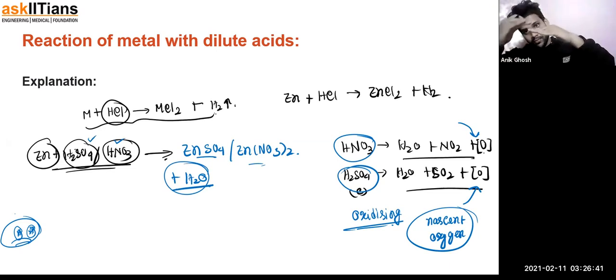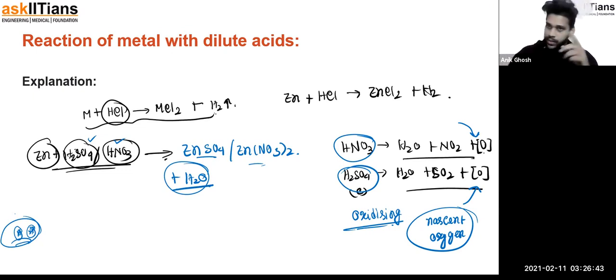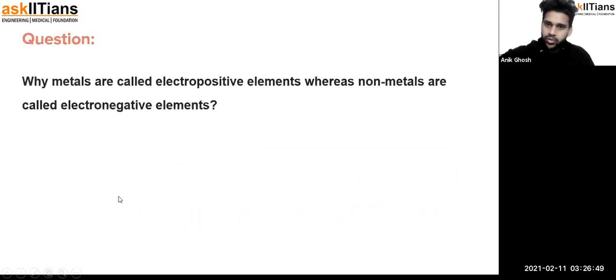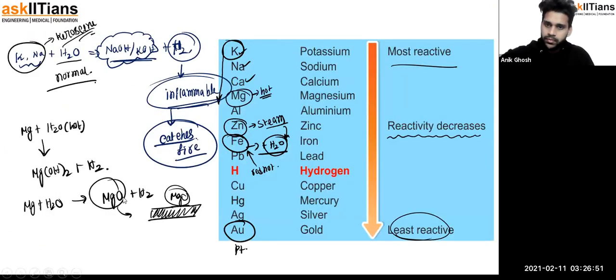As you can see, the more you go down the table, the reactivity is decreasing. So as the reactivity is decreasing, the tendency of the metals to react with H2SO4 or HNO3 is also decreasing. As a result, you do not get the reactions you want.